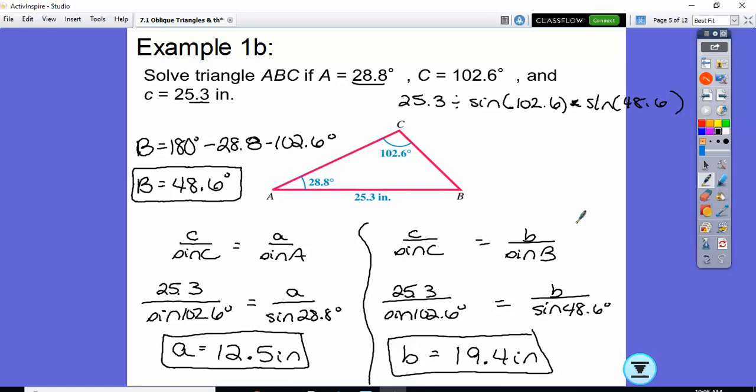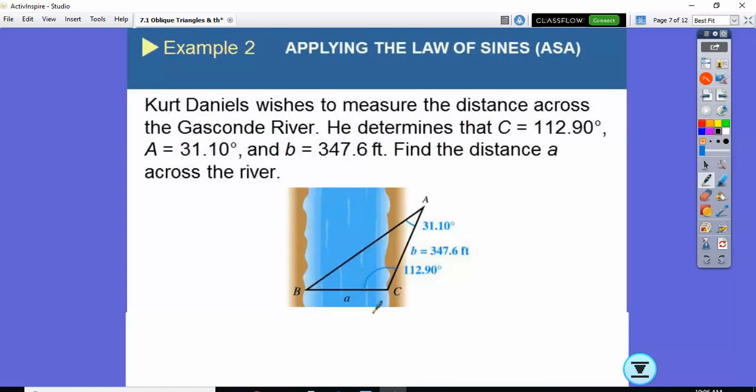I'd like to do maybe 2 more examples. I want to do a couple word problems to make sure we can handle those. And then we are done for today. So, Kurt Daniels wishes to measure the distance across the river. He determines that angle C, so I even gave you a picture, angle C is 112.9 degrees.